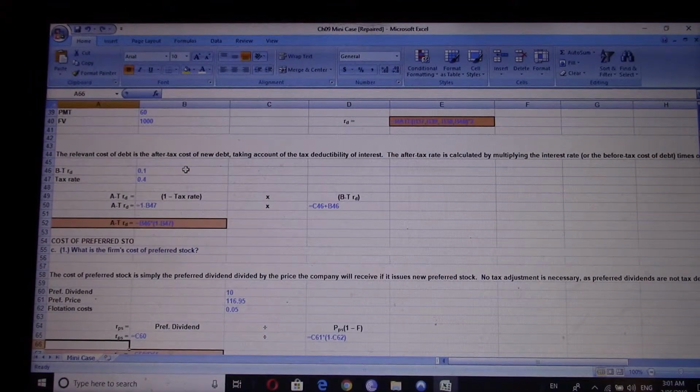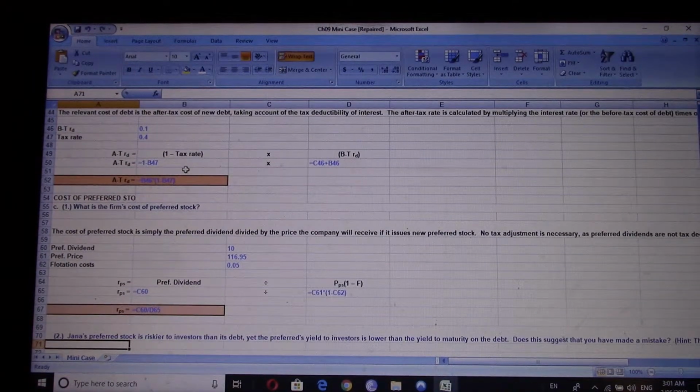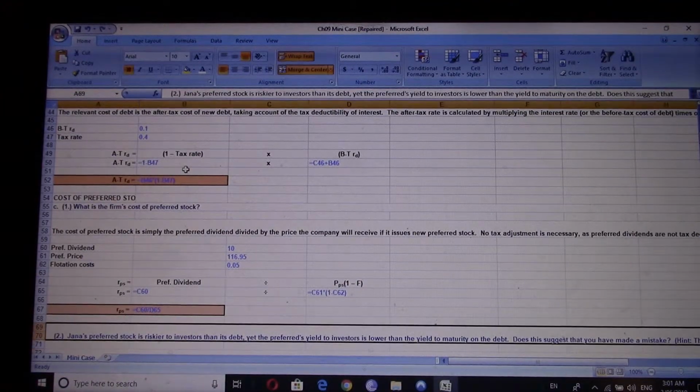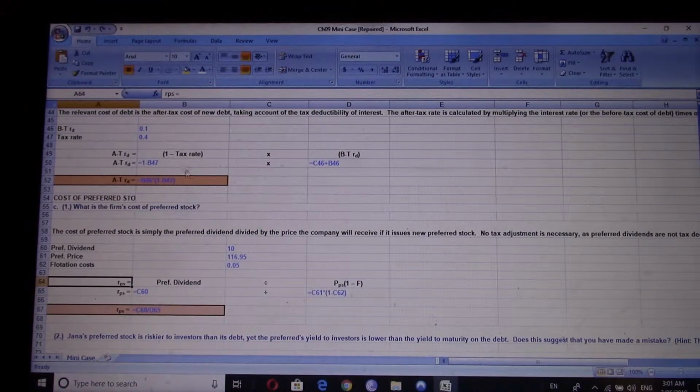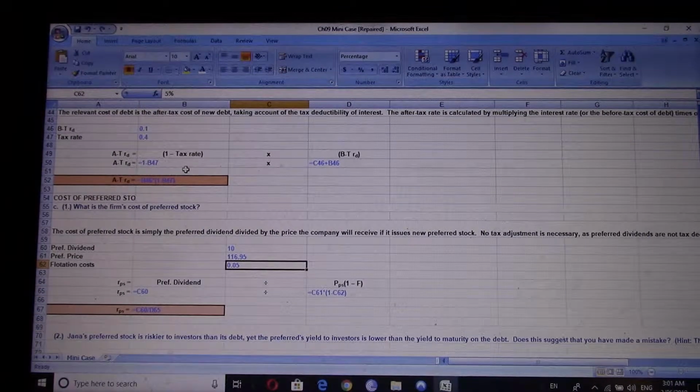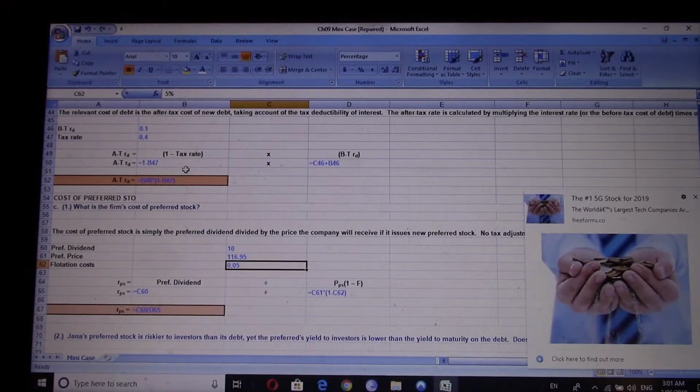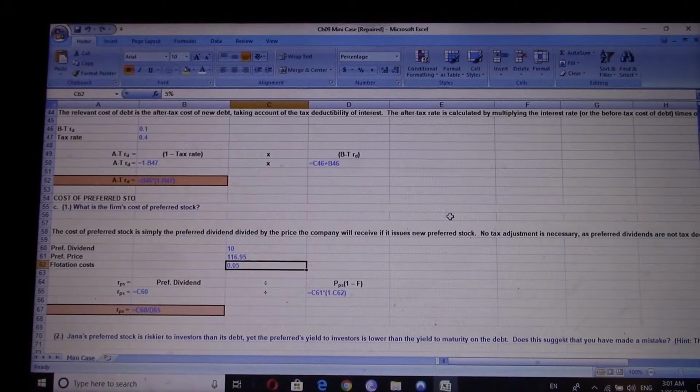Preferred stock is just using the dividend over the price to get the return, or to get the cost of equity. And there's a flotation cost though. Flotation cost is just the fee the investment bank charges the firm to raise preferred stock.